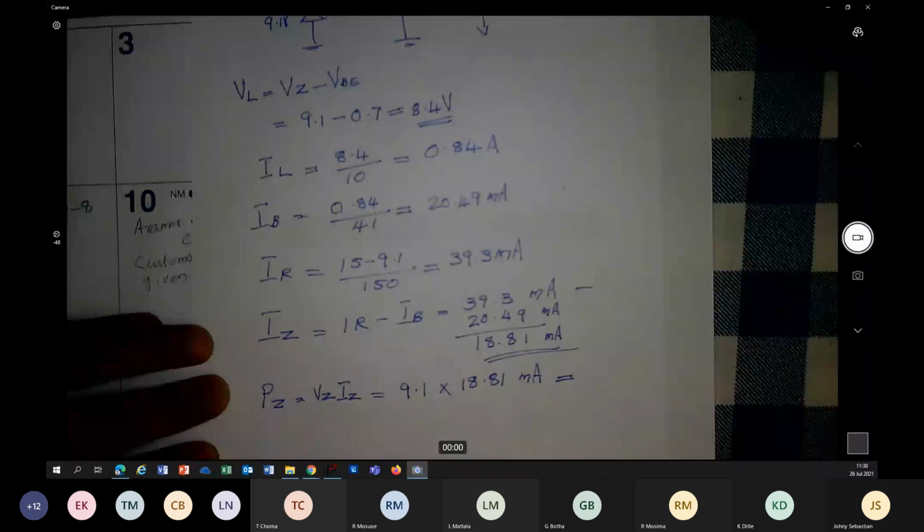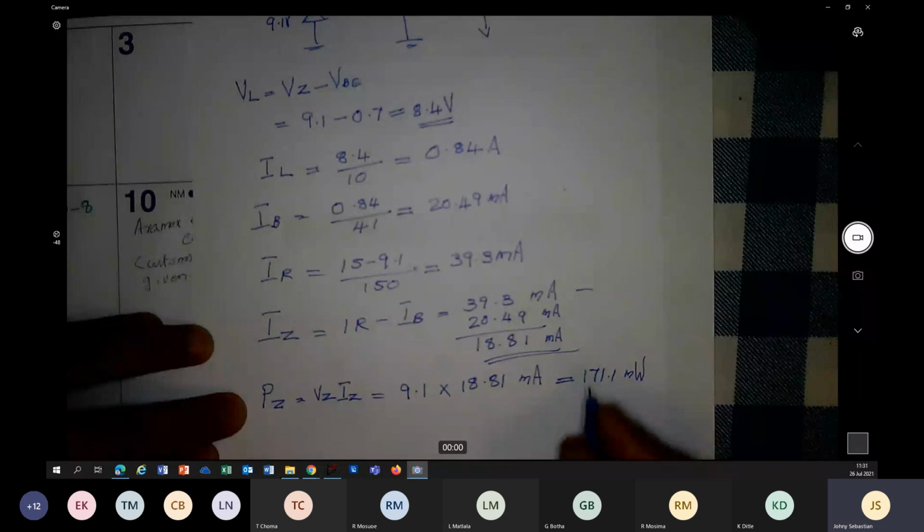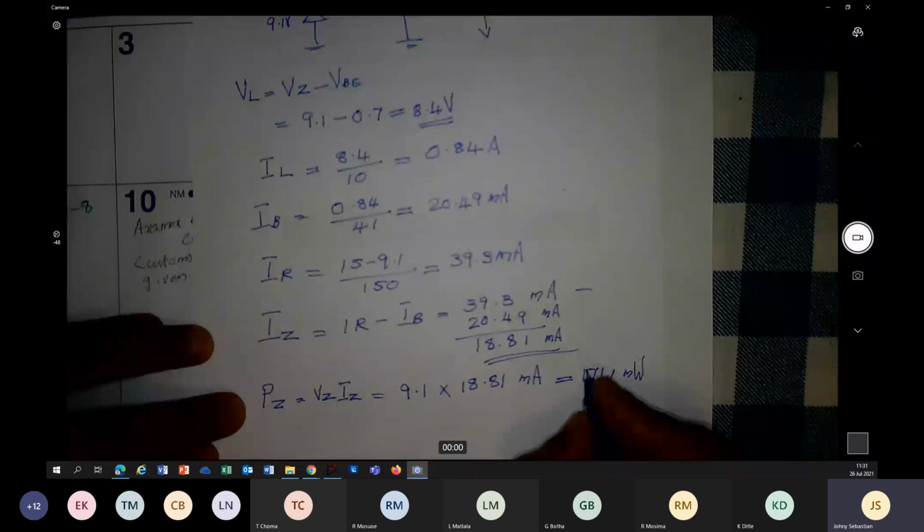How much? 171.1 milliwatts. Okay, 171 milliwatt.